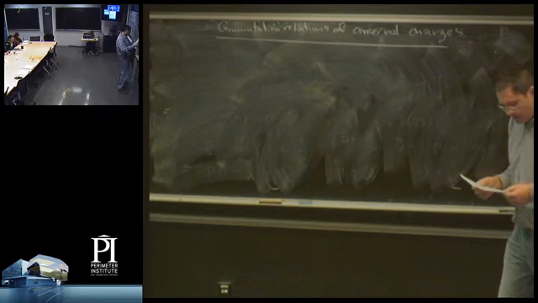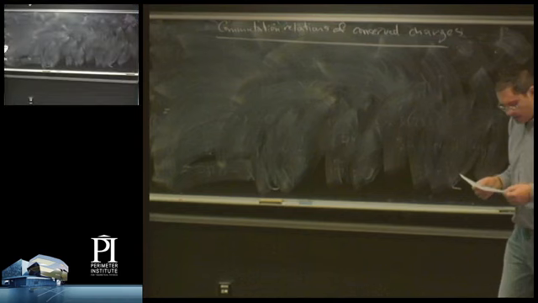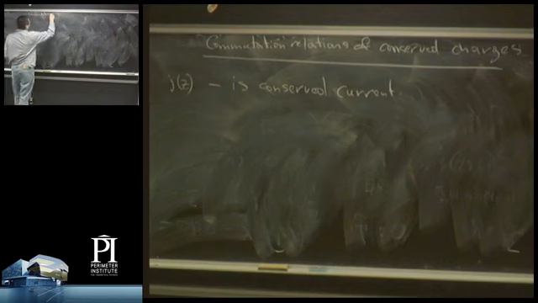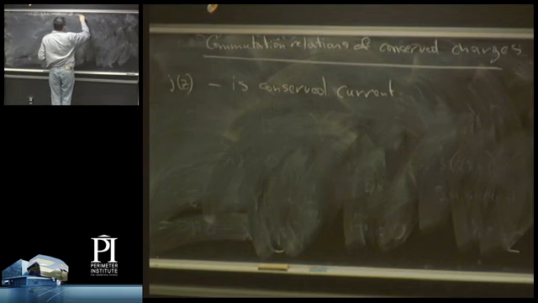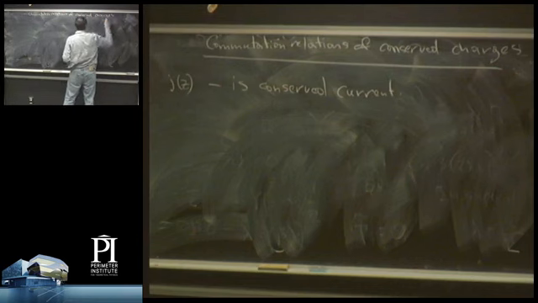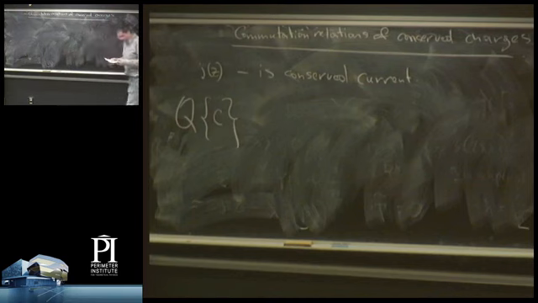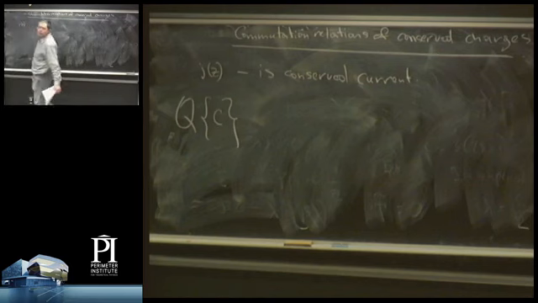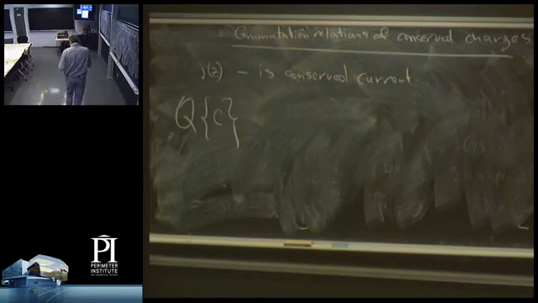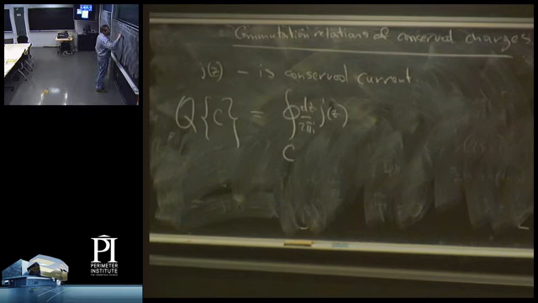Okay, so we will now go ahead and compute commutation relations of conserved charges once I introduce the notion of charge. So first of all, suppose I have a current, J of z, so it's a holomorphic current, so it's a conserved current.